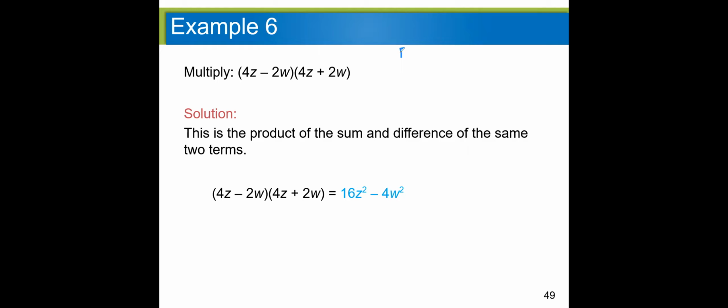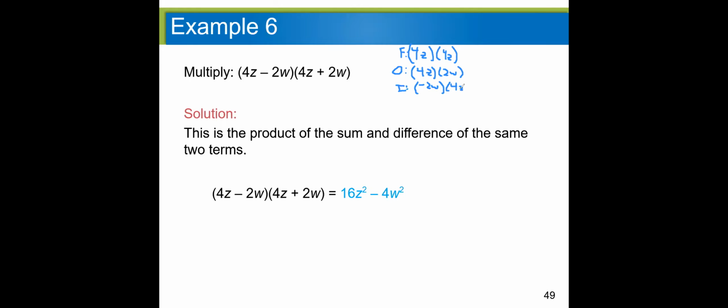So if I'm going to foil it, I'm going to start with the first, which is going to be 4z times 4z. All right, 4z squared. Outside's going to give me 4z times positive 2w. Inside's going to land me at minus 2w times 4z.